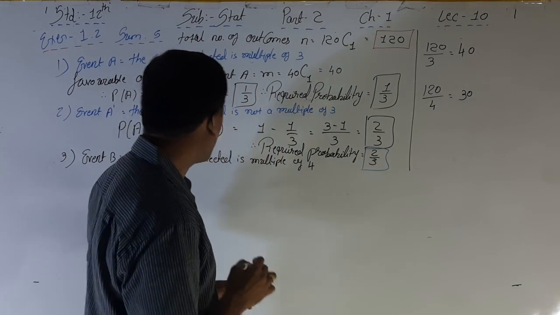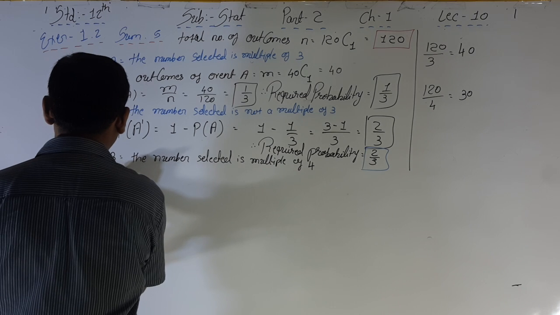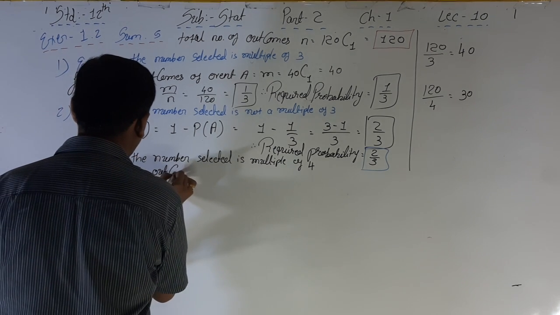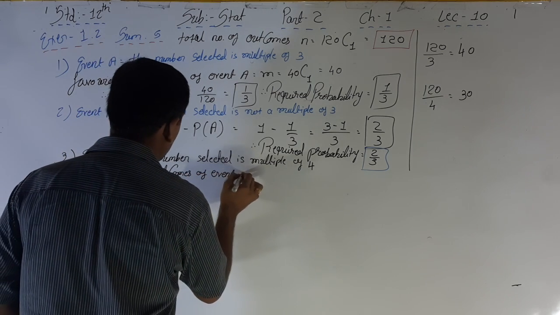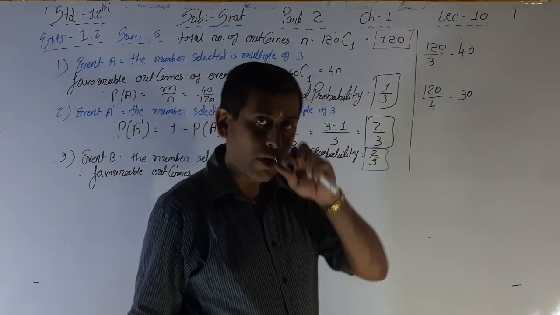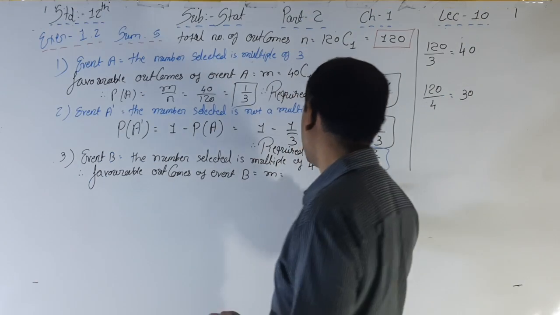So here, the favorable outcomes of event B, M is equal to what?